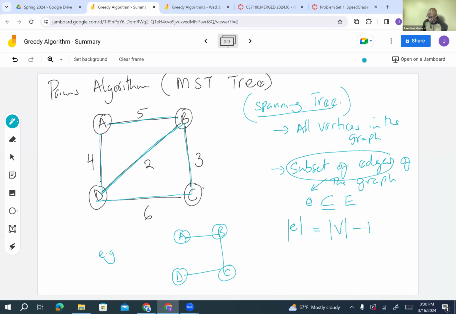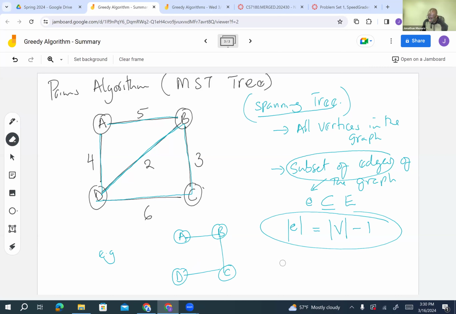It connects everything. Look, we only needed 3 edges. If I added any more edges, again, I am creating a cycle. So we know for sure that the number of edges that I need to connect all these 4 vertices is 3.